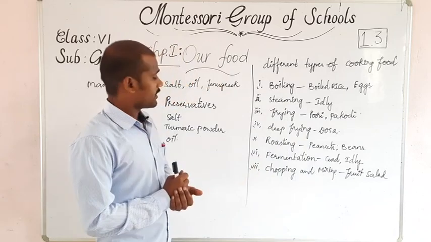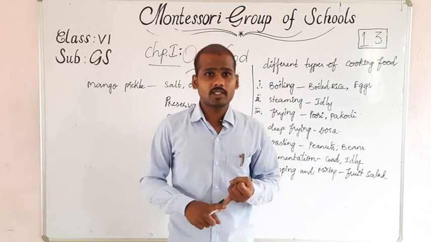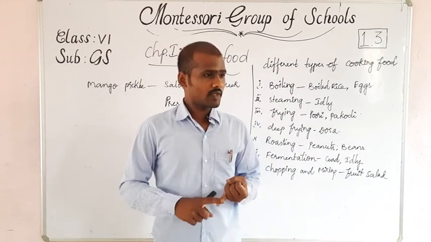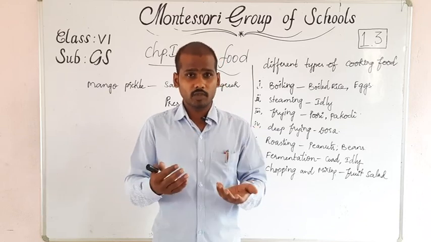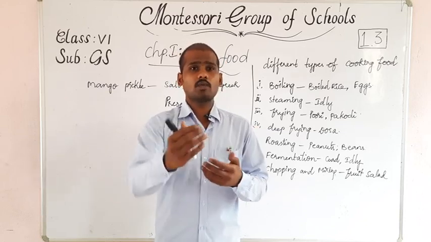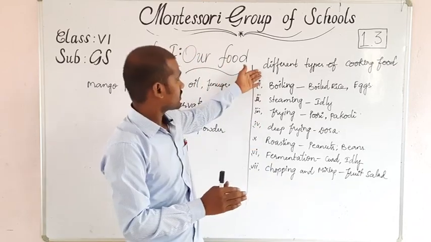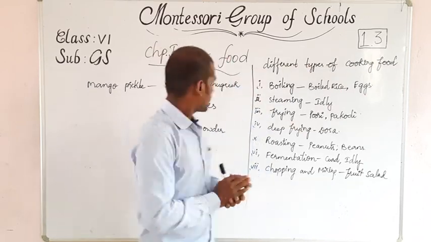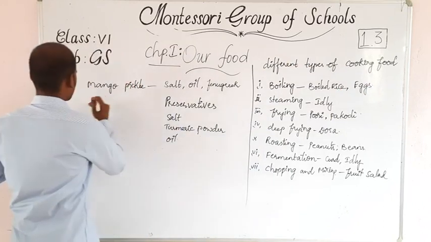Up to now, in our first class, we have discussed ingredients, condiments, sources of food, the different parts of a plant that we eat, different types of cooking food, and also how to preserve food.